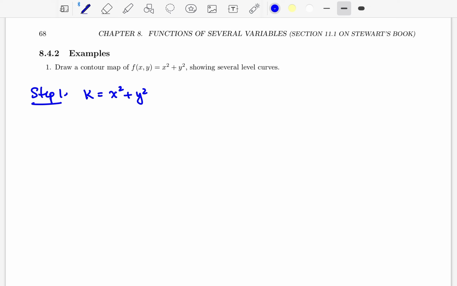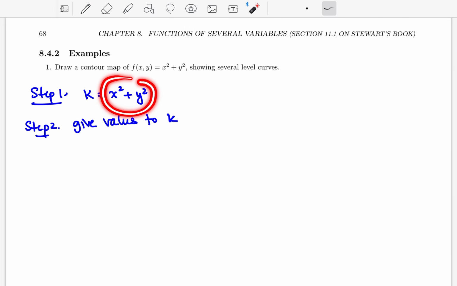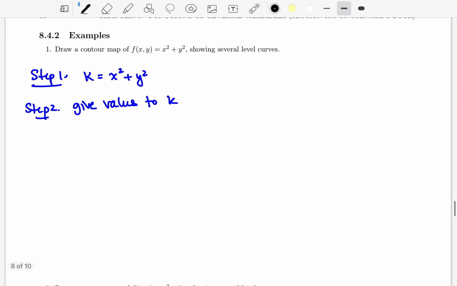You can make a table of values before you sketch that. So step two, give values to k. Now, I see that we have x squared plus y squared, so the values that I'm going to give are going to be perfect squares so that I can think about these as circles of radius k, okay? So let's see.